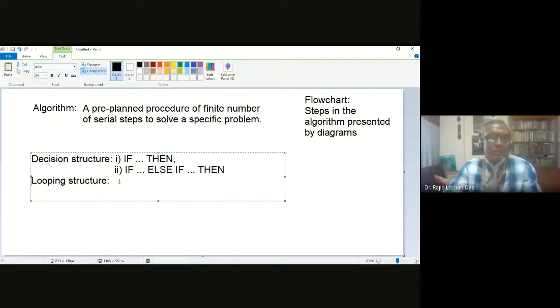And about looping structure, there are different structures. You can write do, then something, then what, end do, isn't it? Say while, then something, then end.